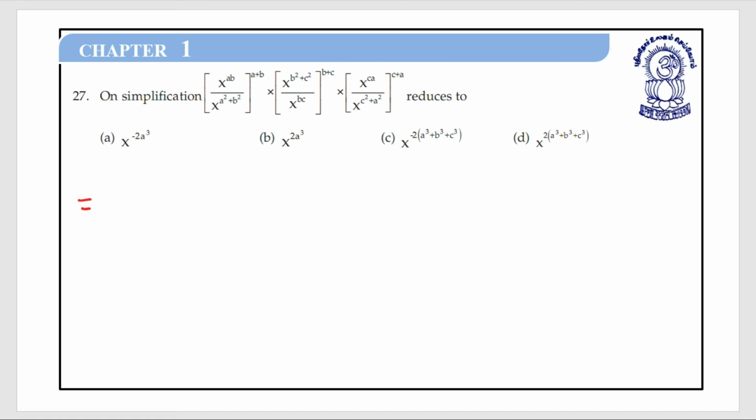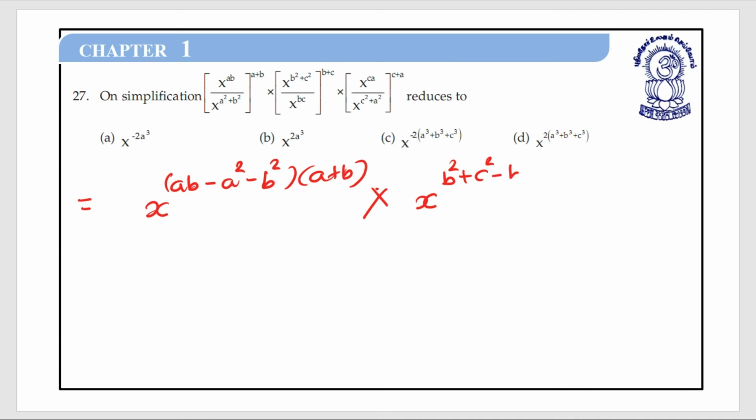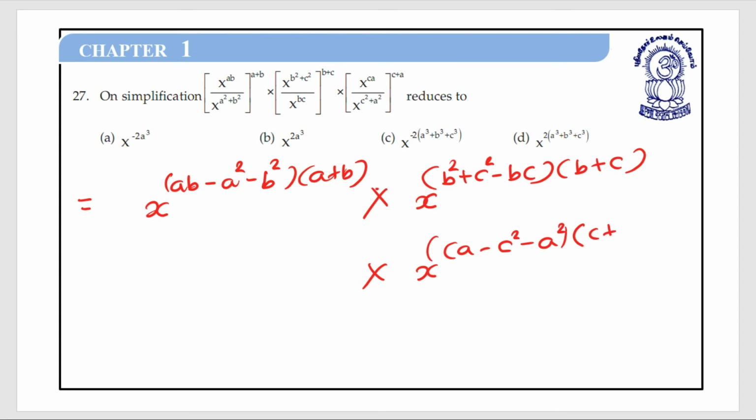Now first, base same, so you can write ab minus a square minus b square into a plus b, into x raised to b square plus c square minus bc into b plus c, into x raised to ca minus c square minus a square into c plus a.